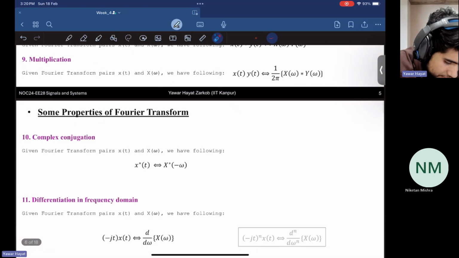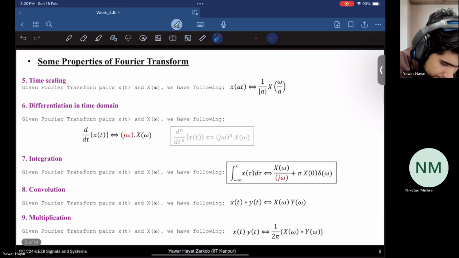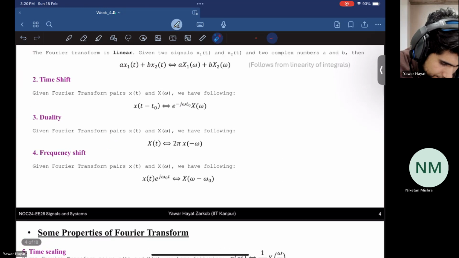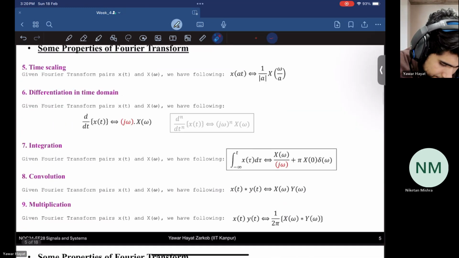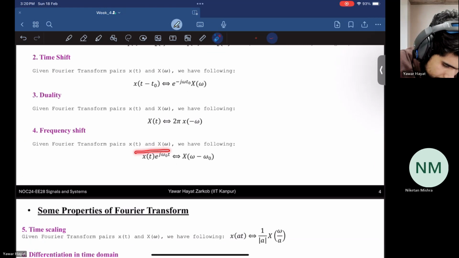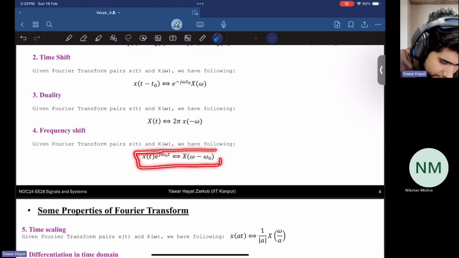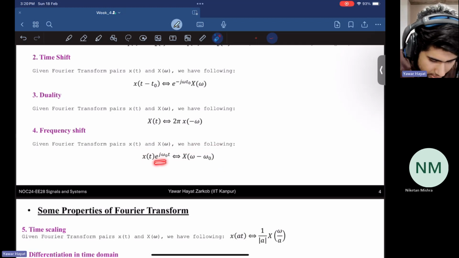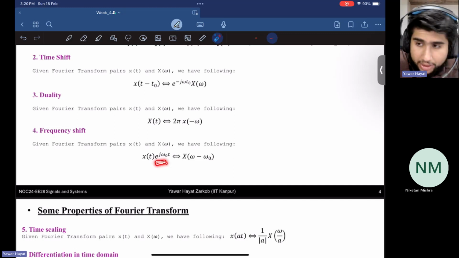Which property should I use? Frequency shift, right? Consider omega naught as 1, then e to the power jt is getting multiplied in the time domain.